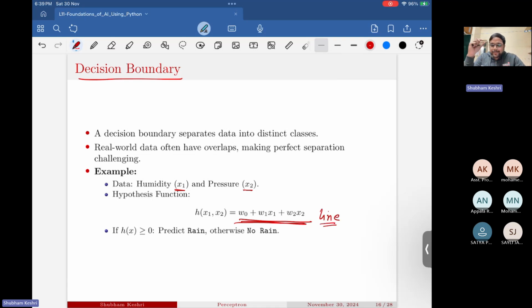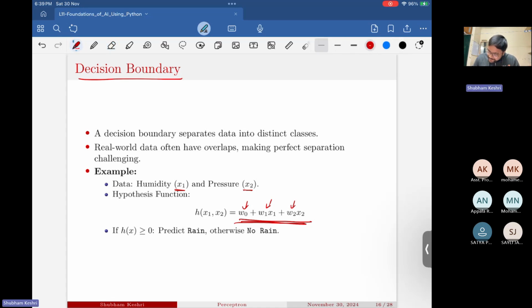What does perceptron learning do? It tries to obtain the values of w0, w1 and w2. That is what it tries to do. And once you have obtained w0, w1 and w2, then you can just do predictions. This is the equation of the line.